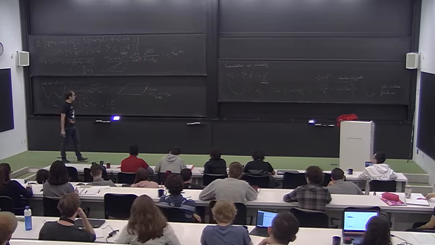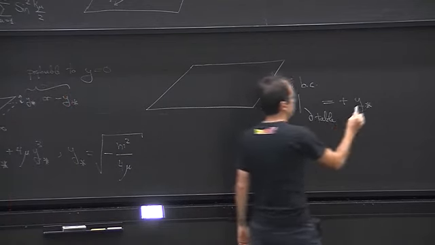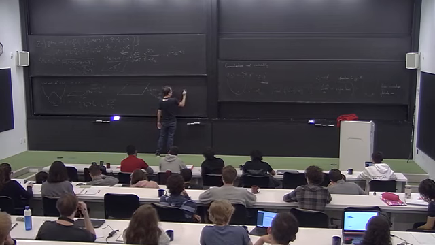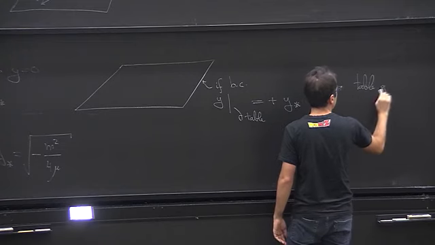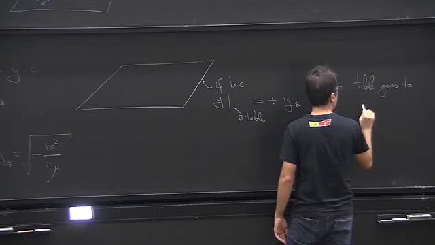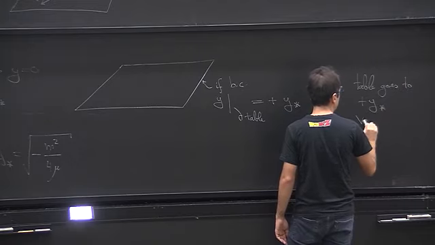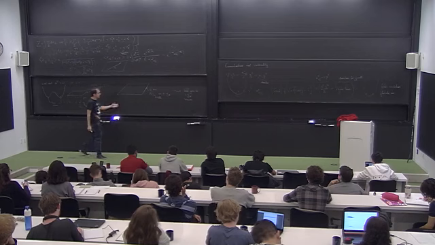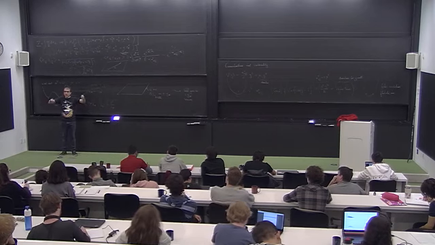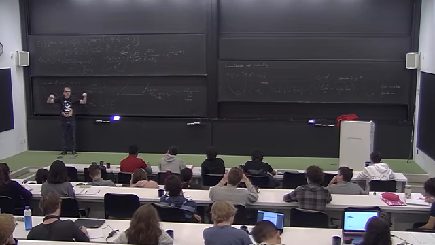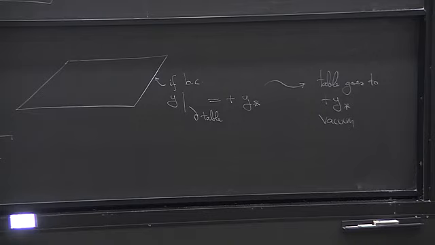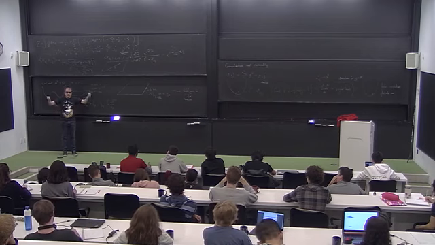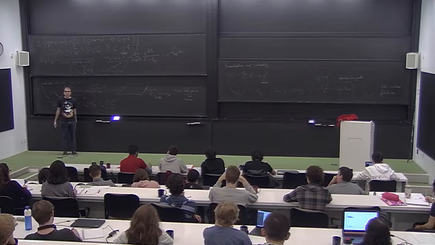The question is whether the table goes to the plus y star vacuum. That's one natural idea that this could happen, right? Because there are two vacua that are equally likely, and you fix the boundary to be at the plus vacuum. So the natural thing is for the full table to go to that vacuum, right? It's like she doesn't know which one to choose, and you said, okay, this one is better at the boundary.